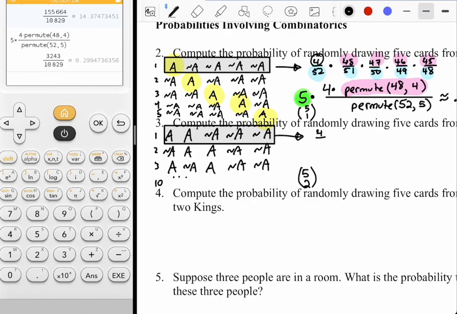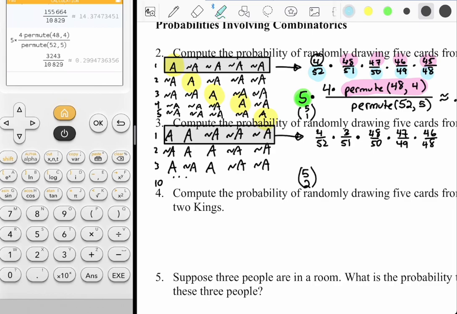So 4 out of 52 for the first ace, 3 out of 51 for the second ace. Then after that, it could be anything else that's not an ace. And again, we start off with 48 non-aces, but there's only 50 cards left over. Then 47 non-aces, 49 cards left over. And then 46 non-aces, 48 cards left over.